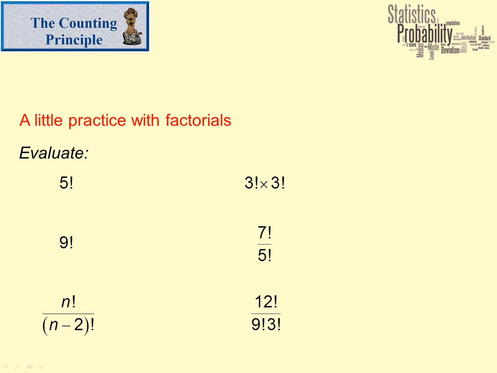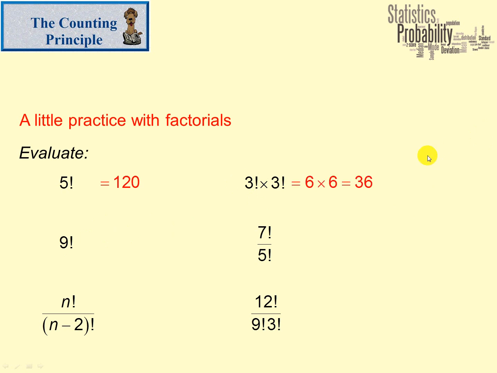So a bit of practice with factorials. Try these yourself. Use your calculator if you'd like to. Just be careful of this 3 factorial times 3 factorial and this 9 factorial. Right, 5 factorial, 120. 5 times 4 times 3 times 2 times 1.